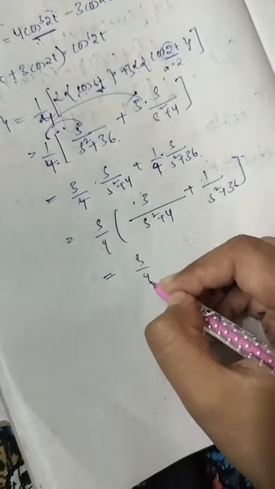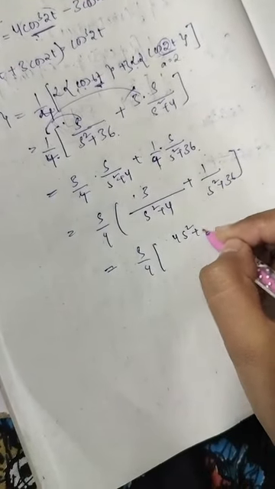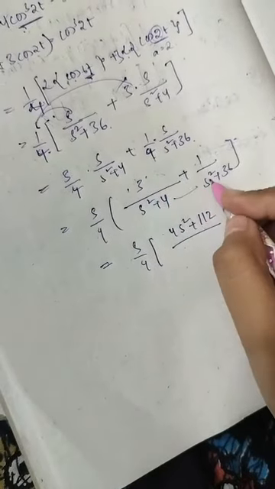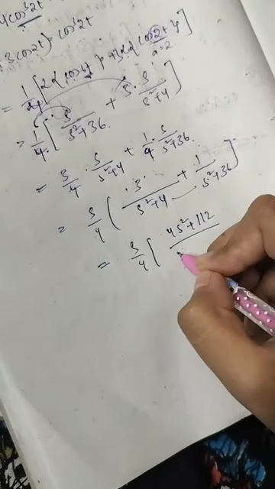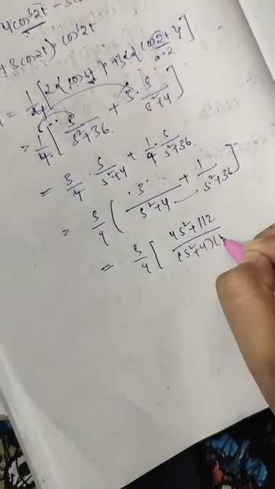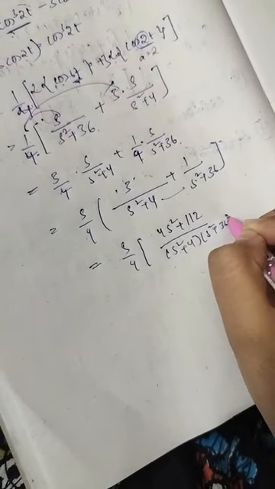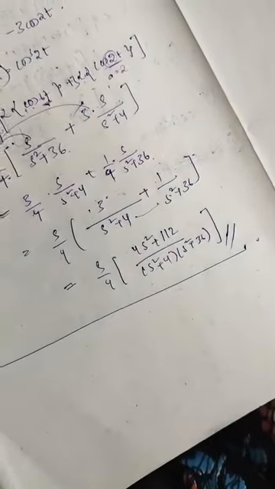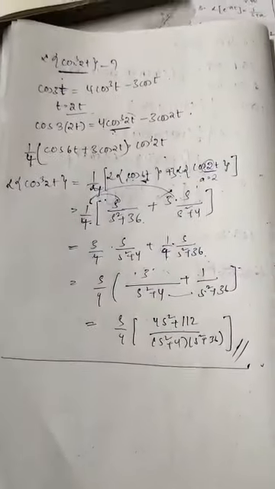That is s square by 4, 4s square plus 112 by, so we are doing this whole process, s square plus 36. Yeah, till here is the answer. You can take a look at it.